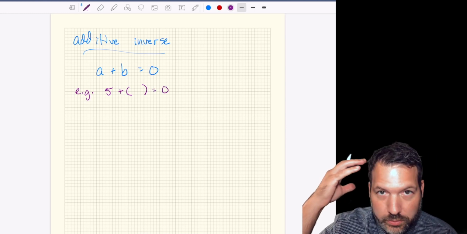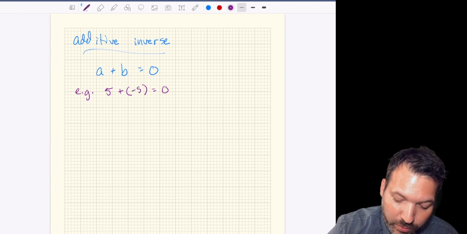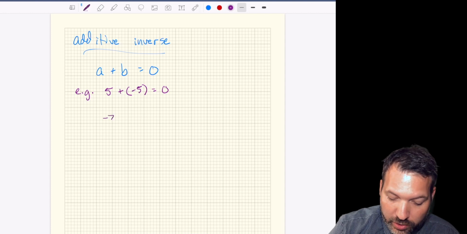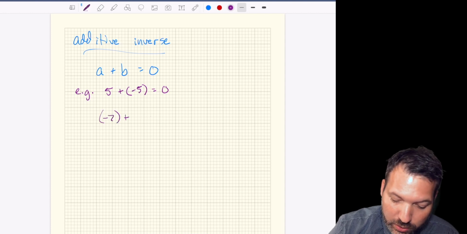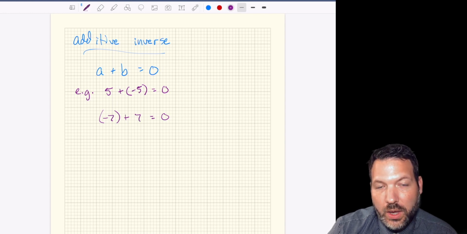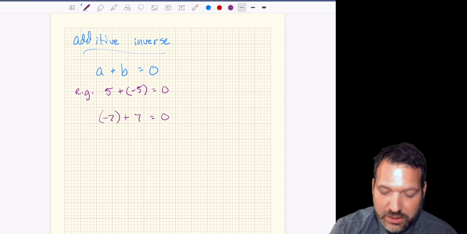You're just incredibly loudly screaming at home now, oh, well, that thing must be -5, right? Or if I wanted to start with a negative, -7 plus what would equal 0, and that thing must be 7. So in general, we can say that a number and its opposite, in this case meaning the additive inverse for opposite, are going to have opposite signs, right?